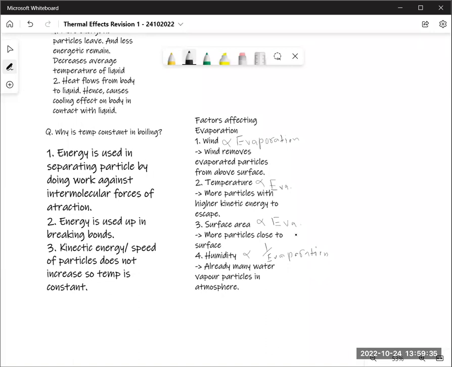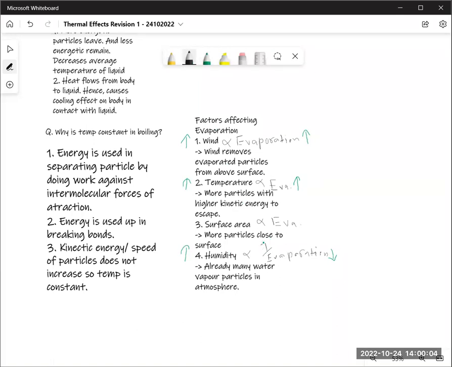Yeah, directly proportional means if one thing increases or decreases, the other thing also increases or decreases. Exactly. So if you increase wind, evaporation increases. Increase temperature, evaporation increases. If you increase humidity, evaporation decreases. The opposite happens because it's inversely proportional.